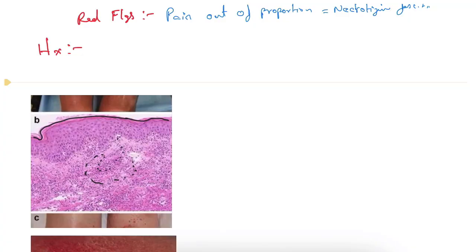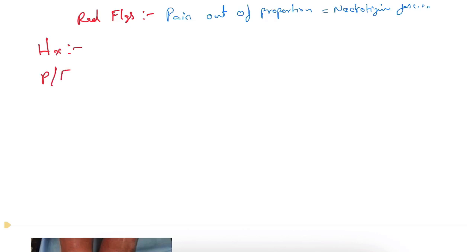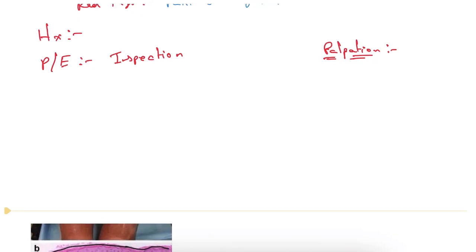So next one we can see here, that is physical examination. In physical examination, mostly we have to focus on inspection. Next one, palpation. So in physical examination, in inspection, we have to look for redness, swelling, skin breaks and ulcers.